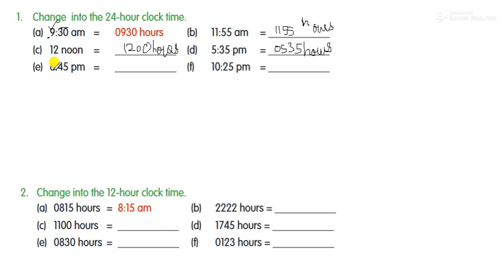Next, 6 hours 45 minutes, so 06:45 hours. Next, 10:25, so 10:25 hours.